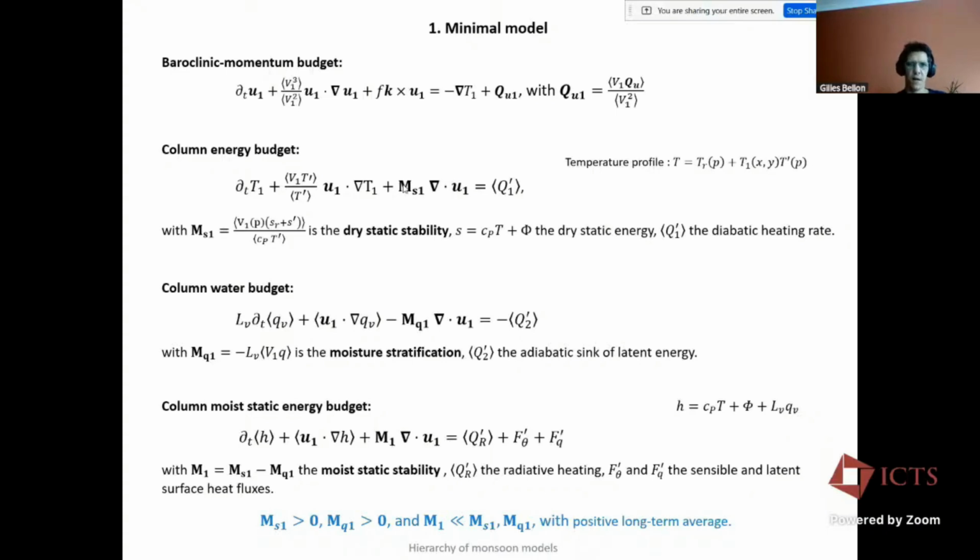If we have ascent, and if you had descent, it's the amount of energy that is exported by the overturning circulation.